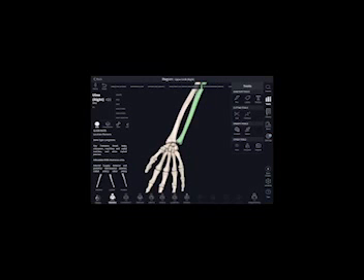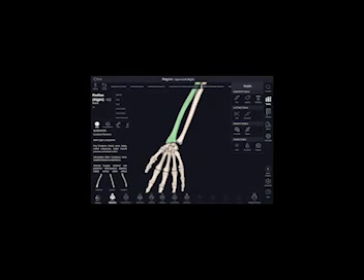The radius becomes big and wide, and the ulna is much smaller. And notice that the ulna doesn't come down as far as the radius. So the radius, in fact, will provide the primary stability of your wrist joint, because with the ulna there's a huge gap between the end of the ulna and these little carpal bones.